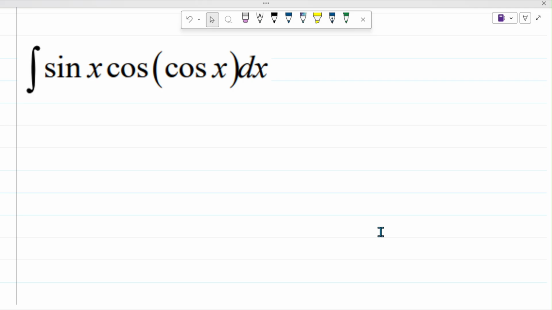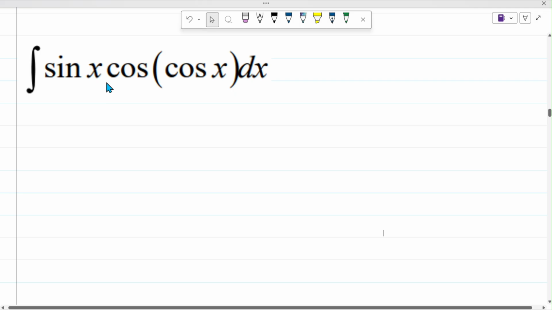So when we have this, it is the same thing. Our main focus here has to be this cos and its argument. The argument here is cos of x. So we ask ourselves, what is the derivative of cos of x?